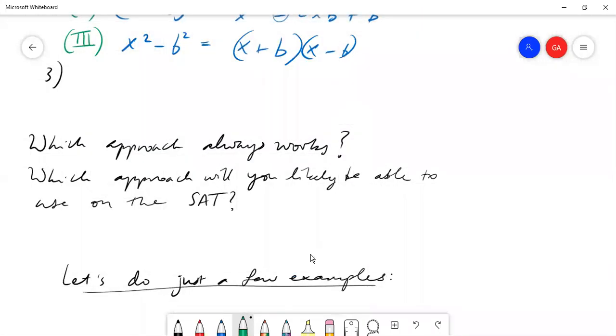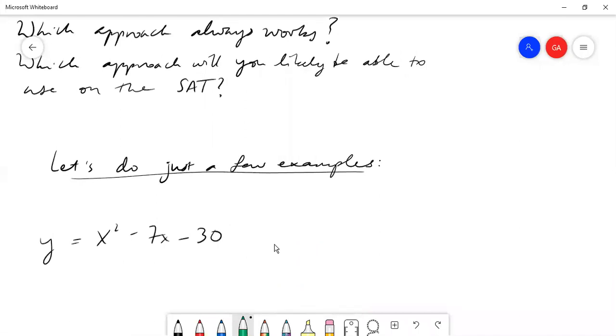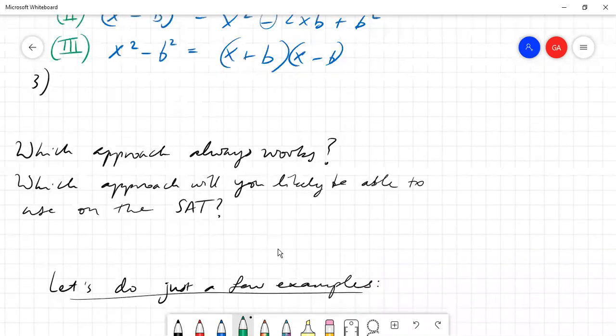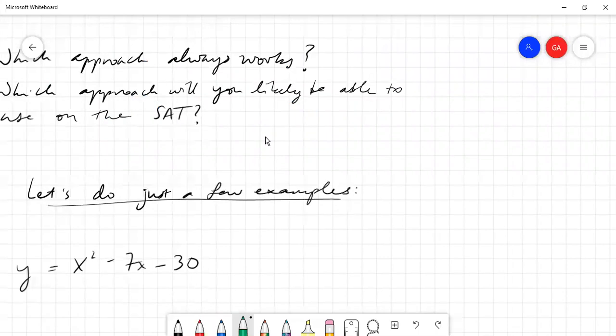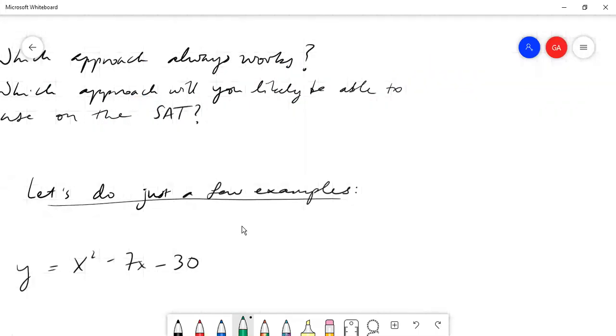No. That's very good, because just by inspection you can tell that this is not the sum of two things squared, not the difference of two things squared, and not the difference of squares. So we can't use those. It's 3 and negative 7 by inspection? I don't think it is.